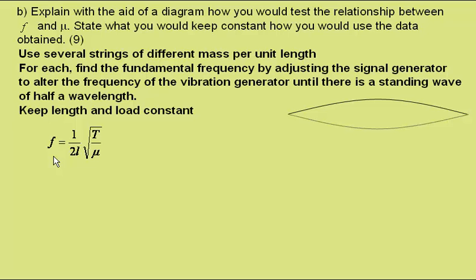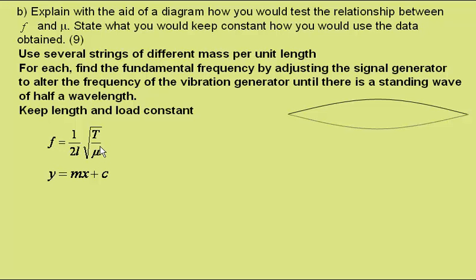Well, reproducing the equation here for reference, we're looking at the relationship between the fundamental frequency F and the mass per unit length mu. Now, if we compare this to the equation y equals mx plus c, the general equation where m is the gradient and c is the y-intercept of a straight line graph, we could plot our fundamental frequency as our y value.